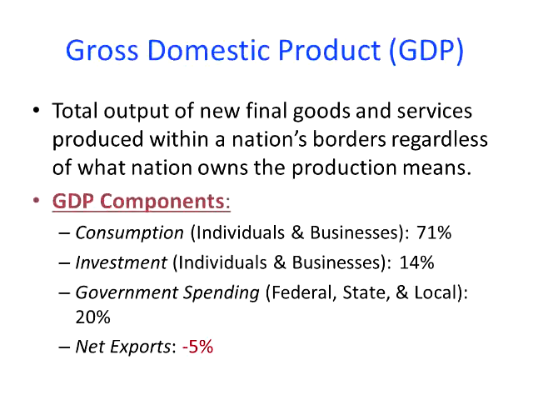This first bullet at the top is your definition of GDP. It's the total output of new final goods and services produced within the nation's borders, regardless of what nation owns the production means. Back in the old days, instead of calling it gross domestic product, they used to call it gross national product.